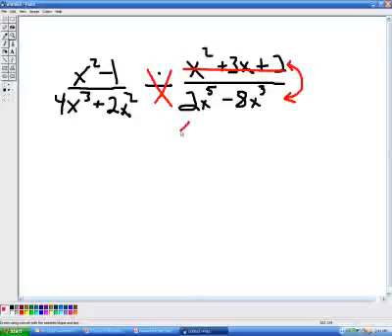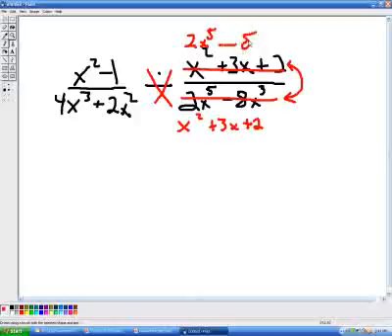I put this down here, x squared plus 3x plus 2. Okay, and then this comes up, so that's going to be 2x to the 5th minus 8x cubed. Okay, boom, we just multiplied by the reciprocal.